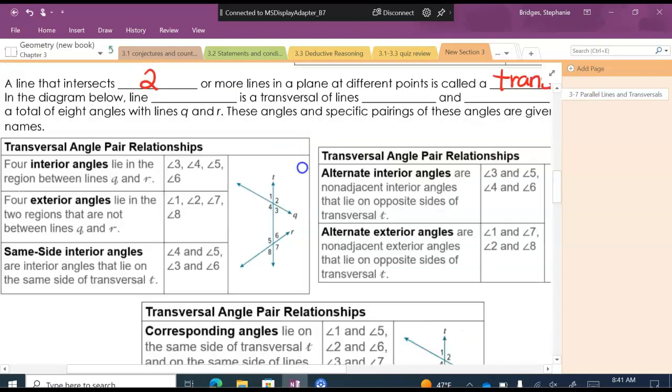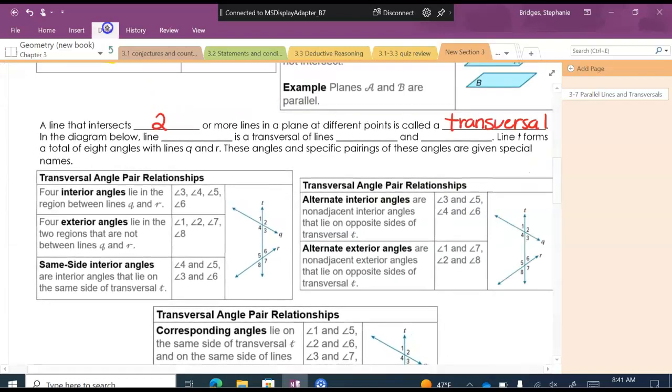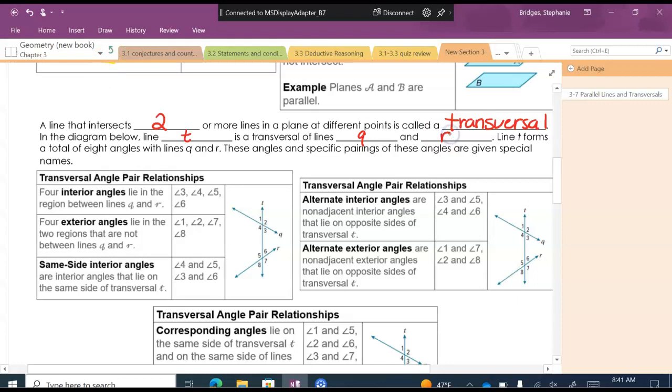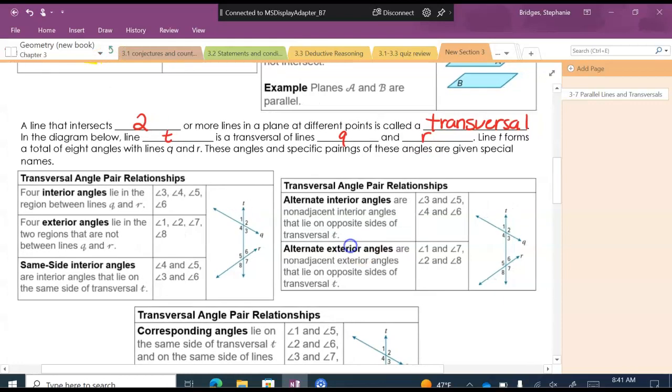T. Okay, so in that picture, line T is a transversal, and it is a transversal of the other two lines, lines Q and R. So we should be filling in all these blanks, okay? And then look at that sentence there. It says that line T forms a total of 8 angles with lines Q and R. And these angles have certain names. They're called angle pairs, and each one has a certain name.